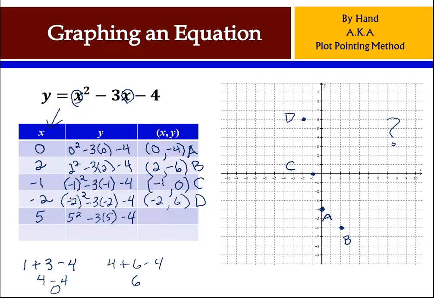If it's negative, I need to put the parentheses around it. If it's not negative, I'm okay. I can just write it. 25 minus 15 is 10 minus 4 is 6. So if x is 5, y is 6. That's going to be my point E.